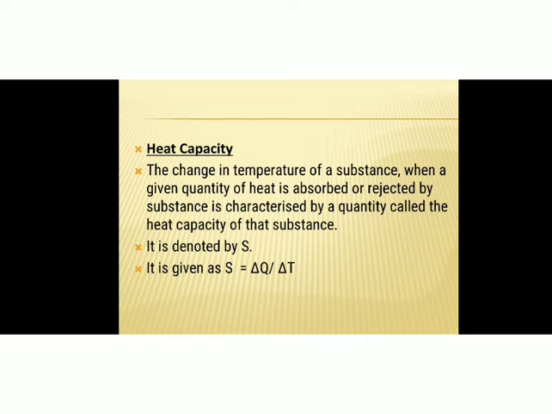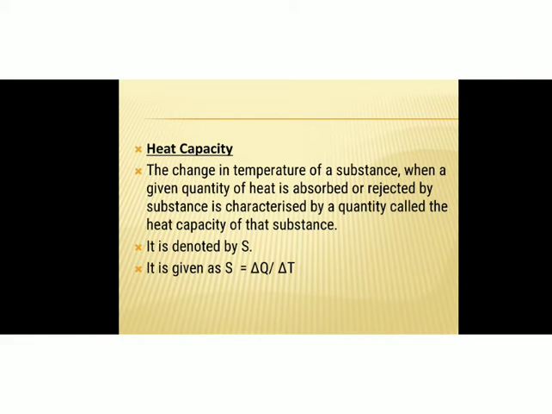Whenever an object absorbs heat or rejects heat, there is a change in the temperature of that substance, isn't it? Whenever the object absorbs heat, the temperature of the object increases. Whenever the object rejects heat, the temperature of the object decreases.